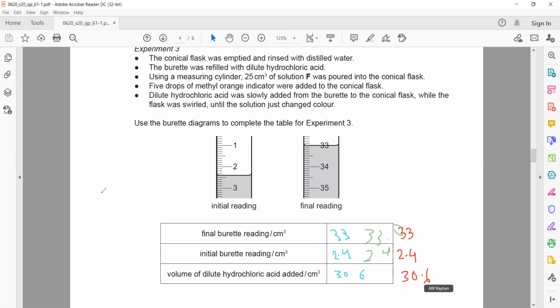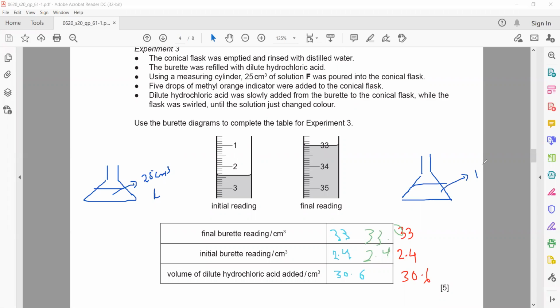So if a question is, when we were using solution E and methyl orange as an indicator, 25 cm cube of solution E was used with methyl orange, and 25 cm cube of solution F is used with methyl orange as an indicator, the amount of HCl required was 20.4 and here the amount of HCl required is 30.6. So which solution is more concentrated, E or F?